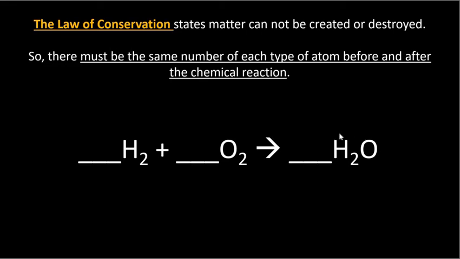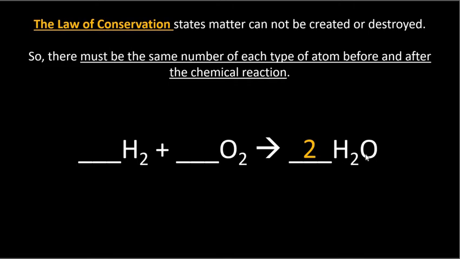The only place I can put something is in the coefficient spot in front of the molecule. Now, there are two here, one here. It's all multiplication. So here I will have to put a 2. So now I have 2 oxygens on the left and 2 oxygens on the right.